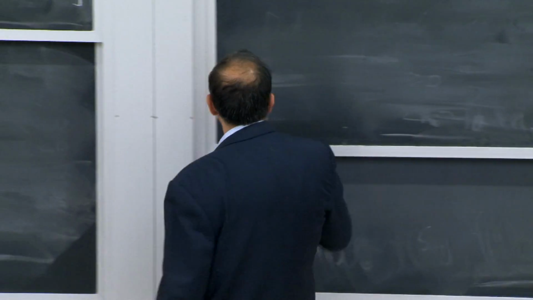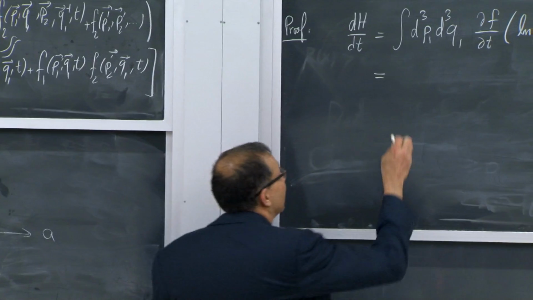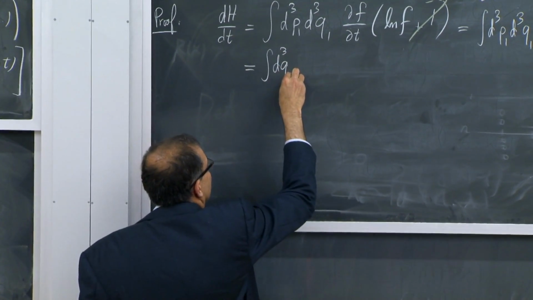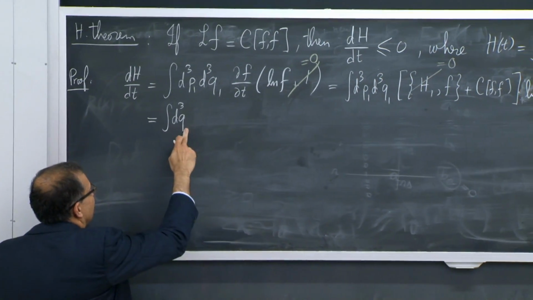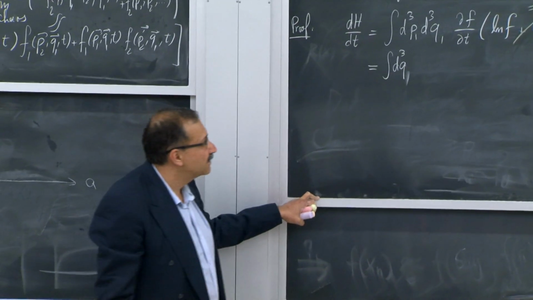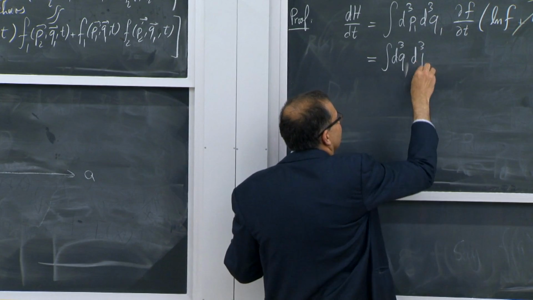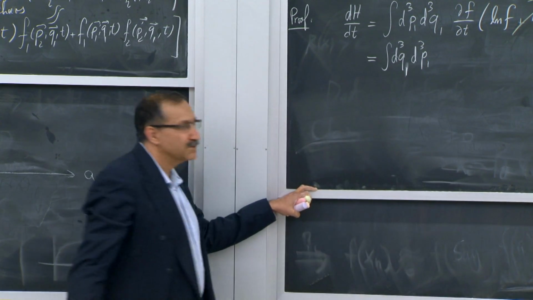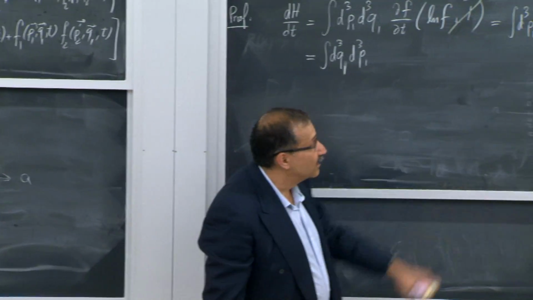So writing that explicitly, what do we have? We have the integral d³q1, although, again, I don't really need to keep track of the index on this dummy variable. I have the integral over q1, the integral over p1. Let's keep it so that it doesn't confuse anybody. Then I have the collision term.